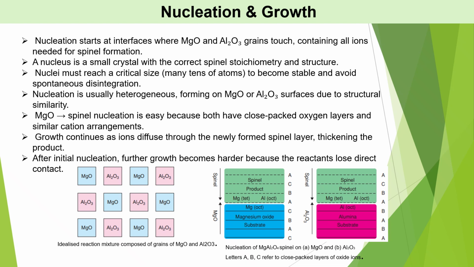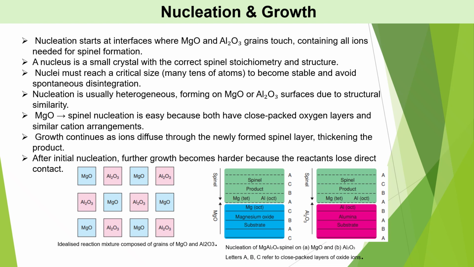A nucleus is a very small stable region of the new phase, but it must reach a critical size, usually tens of atoms, to avoid dissolving or disintegrating. Nucleation is generally heterogeneous, that means nuclei form on surfaces or defects rather than randomly in the bulk.